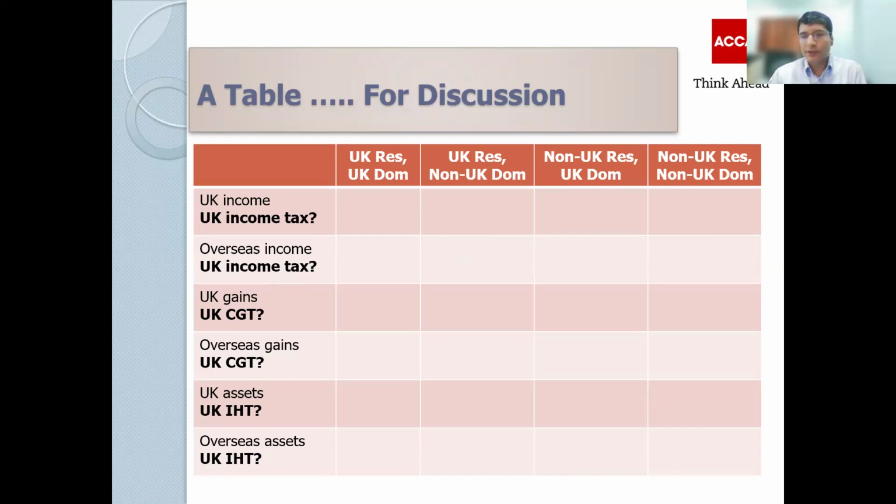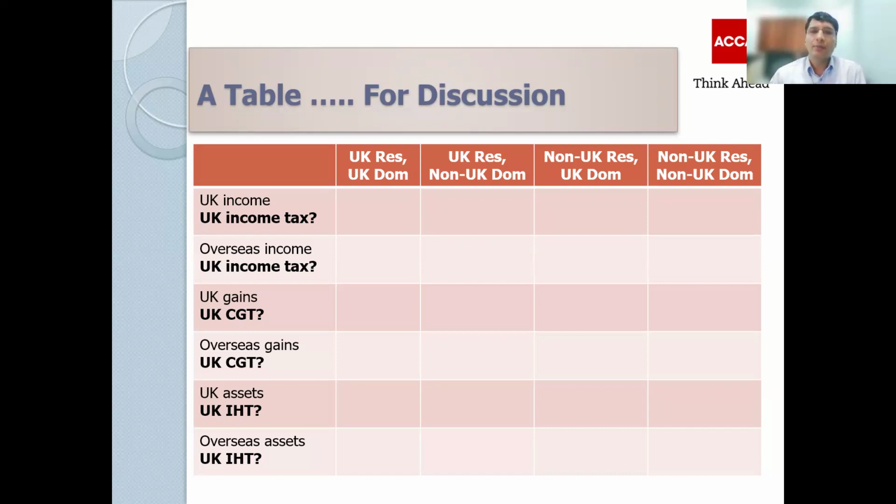Again, the remittance basis has its own conditions and pros and cons. But if the overseas income is less than £2,000 only, then the remittance basis is automatic. When I say automatic, that means you do not have to pay the remittance basis charge, the first thing.